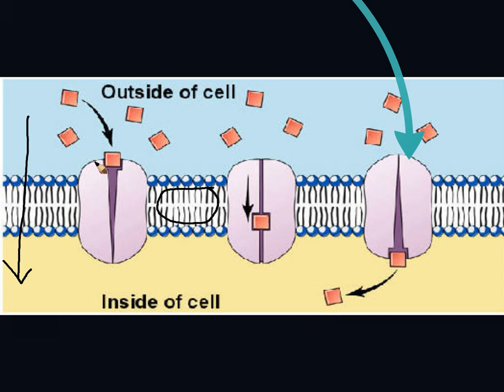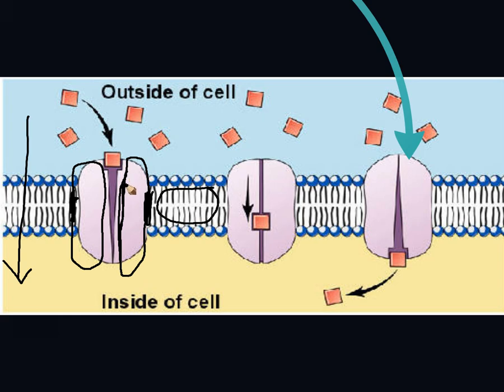These proteins can be as simple as a protein that has a gap in the middle that acts like a tunnel. The amino acids on the outside, in this region here, will be hydrophobic, non-polar, and interact with these hydrophobic tails, whereas the ones lining the inside will most likely be hydrophilic.